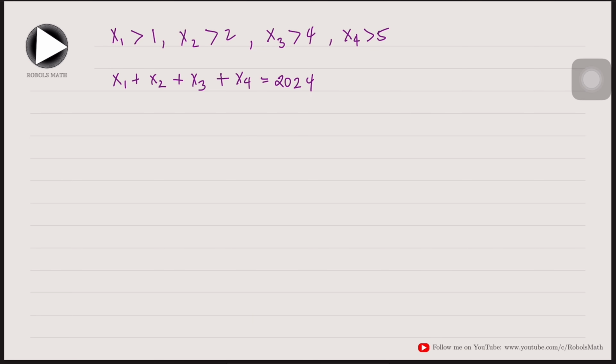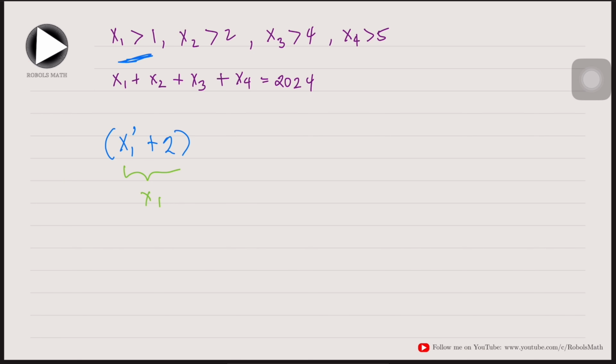Since x sub 1 must be greater than 1, the smallest possible value of x sub 1 would be 2. So our dummy variable for this one should be x sub 1 equals x sub 1 prime plus 2. This substitution allows x sub 1 prime to be at least equal to 0, and if it's 0, then the lowest value that x sub 1 can get is 2.